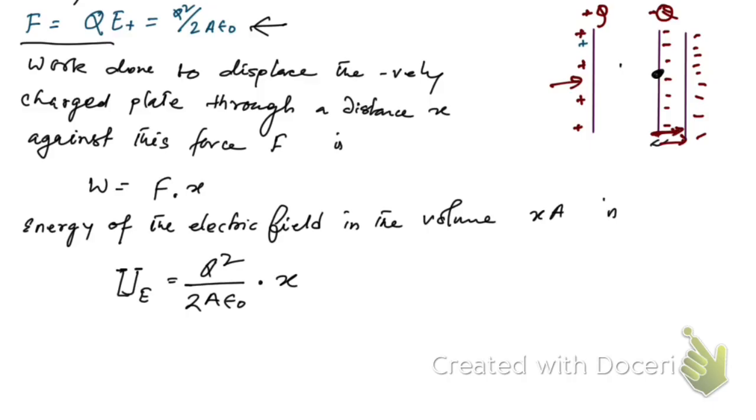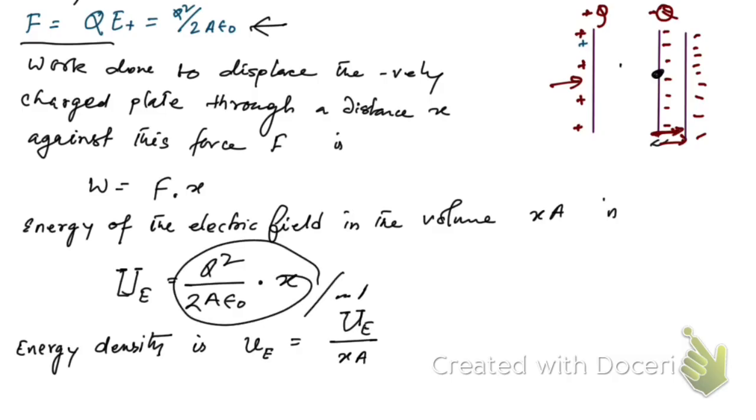So to find the energy density, you need to divide this energy by volume. Therefore the energy density, let me write down small u, is E divided by the volume, which is x into A. If you divide this quantity by x into A, then what you're going to get?